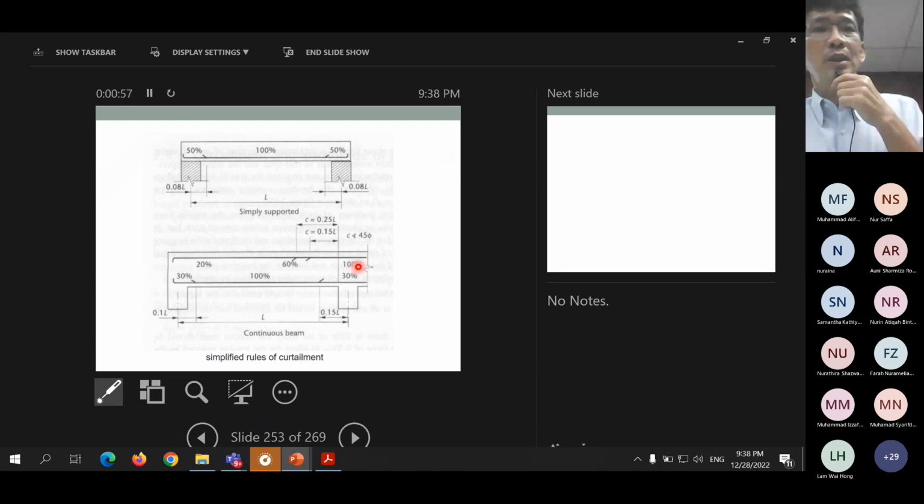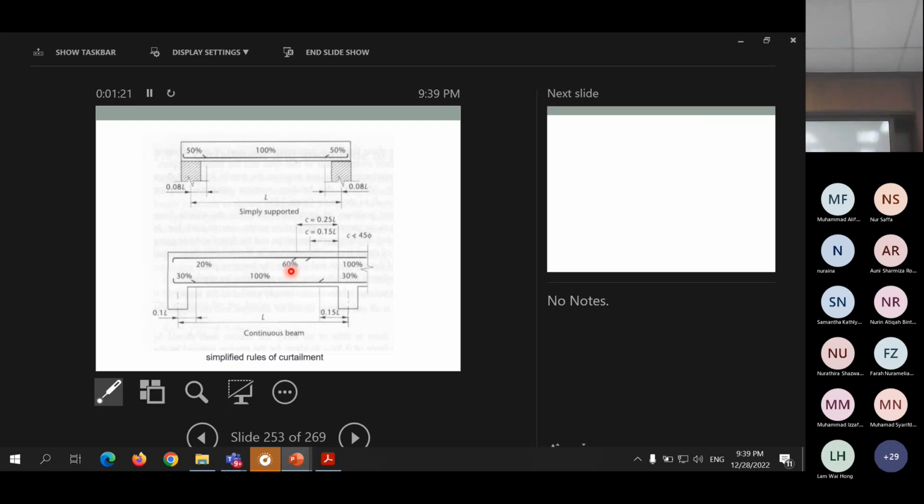So this 100%, let's say 6 bar. So 6 bar will extend 0.15 L, and then 6 of them will stop there. And then 60%. If you calculate 60% of 6 bar, you have 3.6 bar.